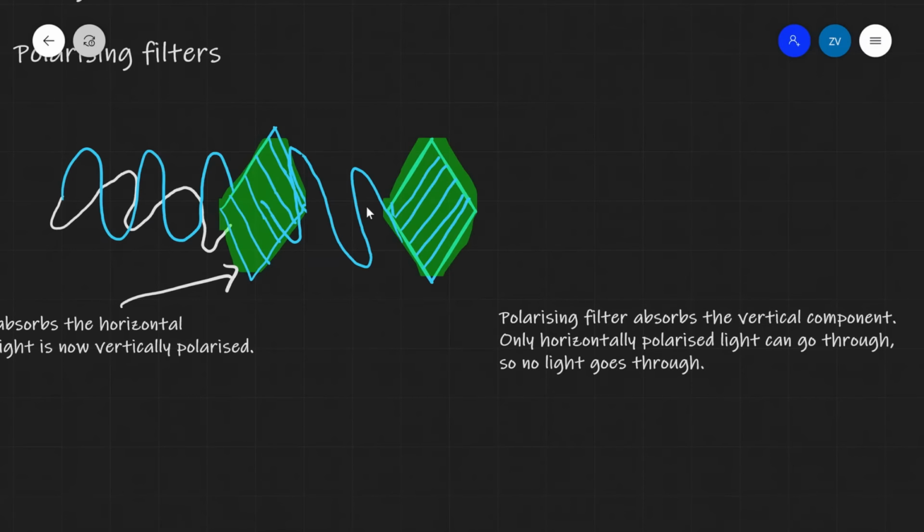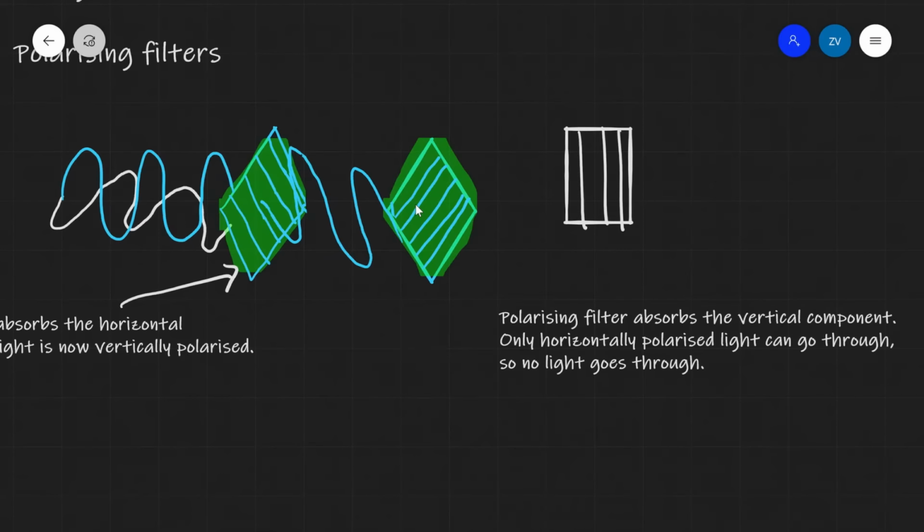There is none on this side, therefore all of the light is going to be blocked. Notice that that filter here and that filter here are at 90 degrees. So whereas one filter is essentially vertical like that, let me just draw it a little bit better. The perspective is not quite right in my work of art over here.